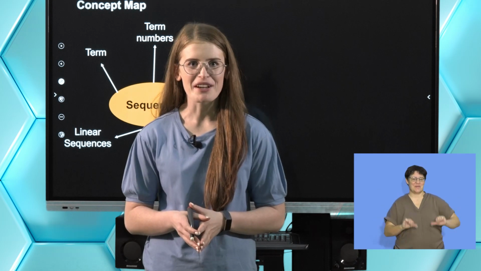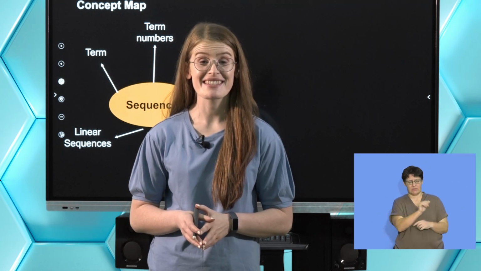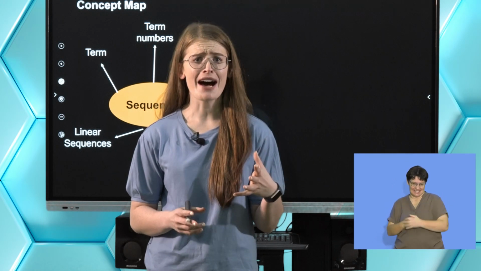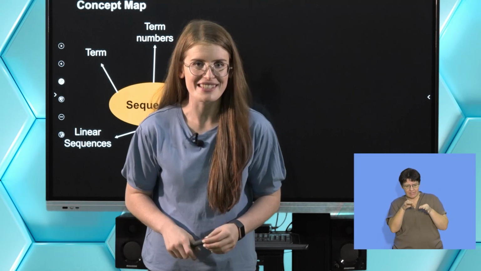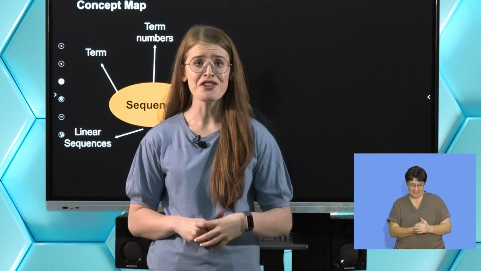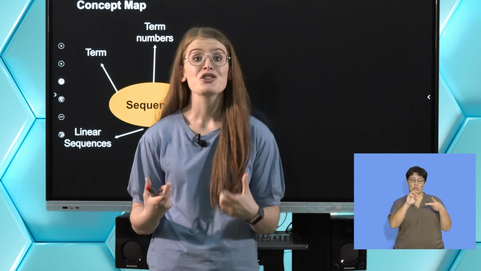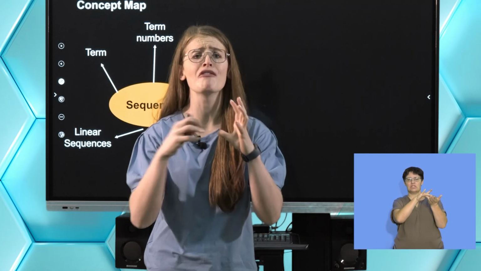Welcome back, everybody. We are going to continue our investigating number sequences lesson with a few more examples. I've just defined some more of the definitions that we use in number sequences to help us. The main ones that I've been asking you to focus on are term number and term value. Term number refers to the actual position of that term.